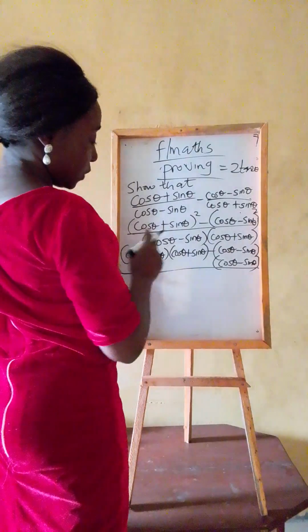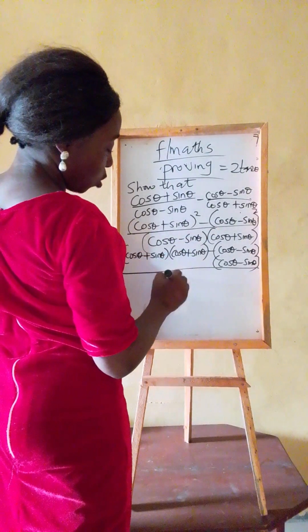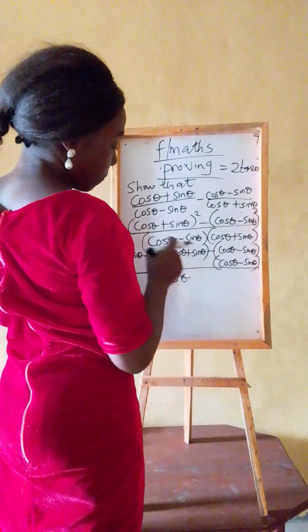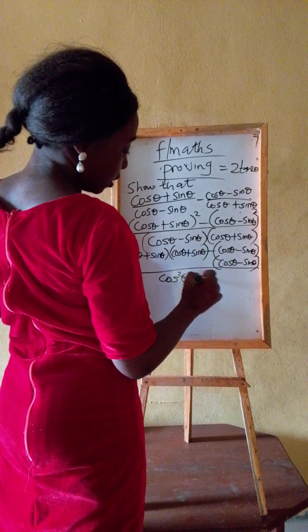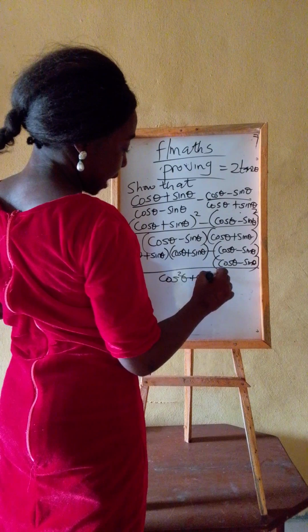Over this, we multiply out. This times this gives cos square theta. This times this gives plus cos theta sin theta.